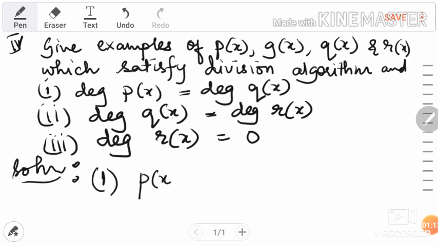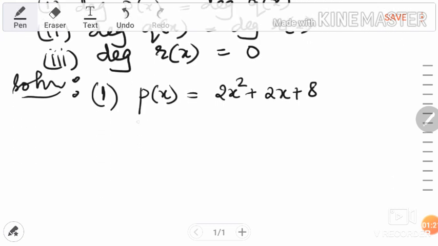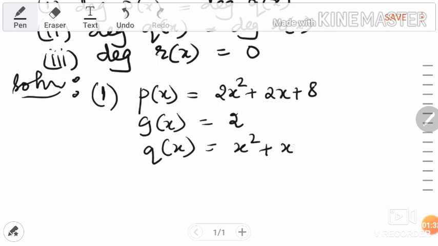So if we take p of x as 2x square plus 2x plus 8 and the divisor as 2, which is the common factor, then q of x will be x square plus x plus 4 and r of x will be 0 because 2 is a factor of p of x. So in this example, the degree of p of x and q of x is same.